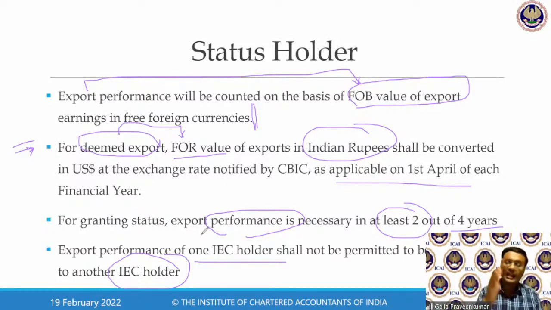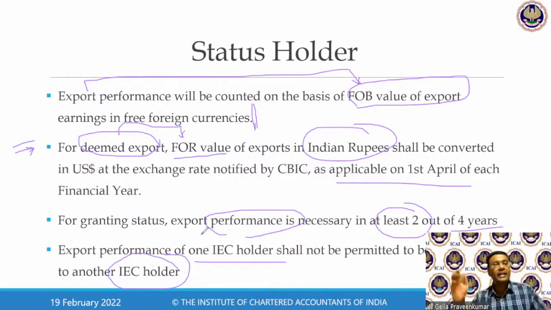Say entity A, entity B. There are 2 entities. Entity A is doing fantastically well. Entity B is not so capable. So here, entity B may have a shortfall of its net foreign inflows, foreign currency inflows. In those cases, entity B can make supplies to entity A to get regarded as positive NFE, based on the approval permission given.